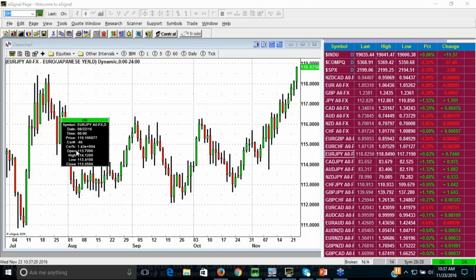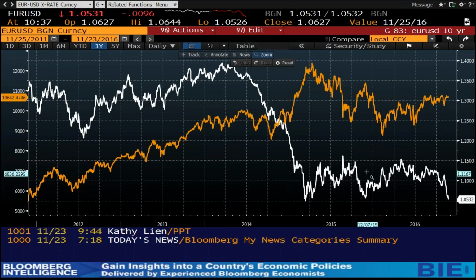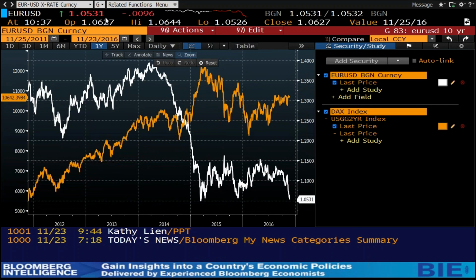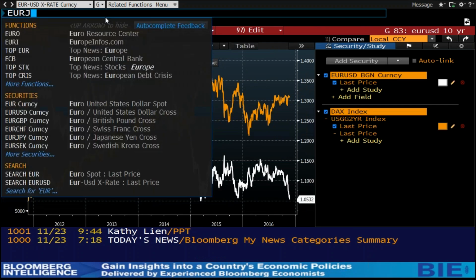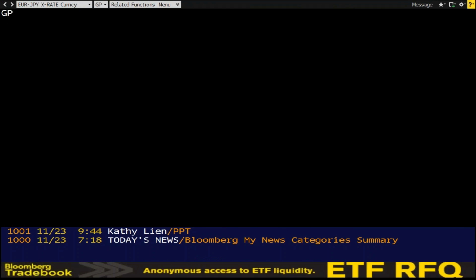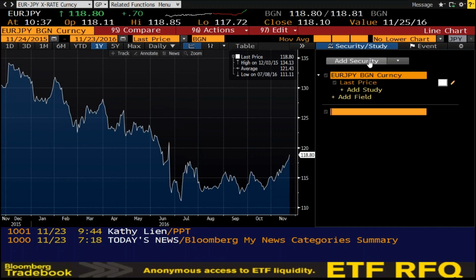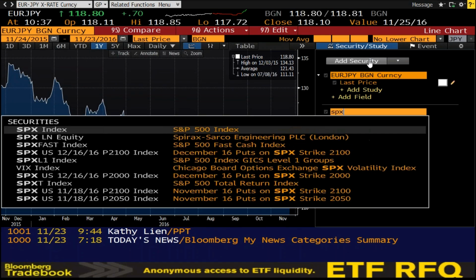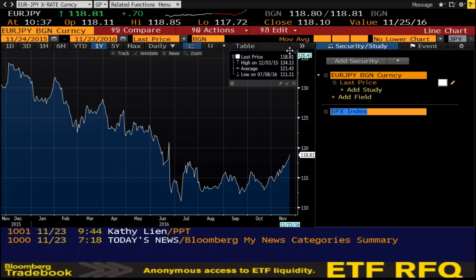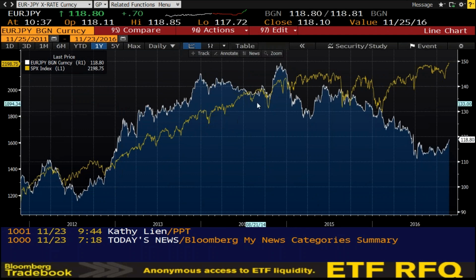Euro yen is a risk currency, usually very much sensitive to stock market performance. Let's see how it has correlated. Let's pull up euro yen with the Dow. So this is euro yen. Let's do the S&P, the U.S. stock market index. If we go to a 5-year chart, you'll see there's a very strong historical correlation with U.S. stocks.